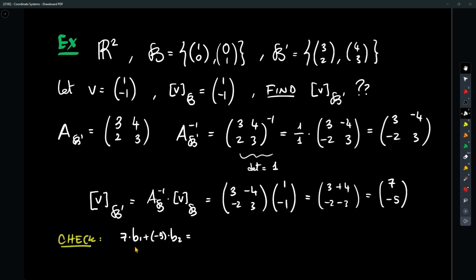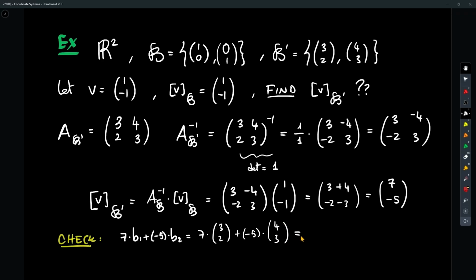So if I do 7 times b1 plus minus 5 times b2, I should get v. b1 is [3, 2], b2 is [4, 3]. So this is 7 times [3, 2] plus minus 5 times b2, which is [4, 3].